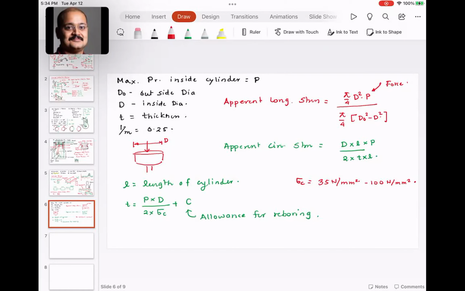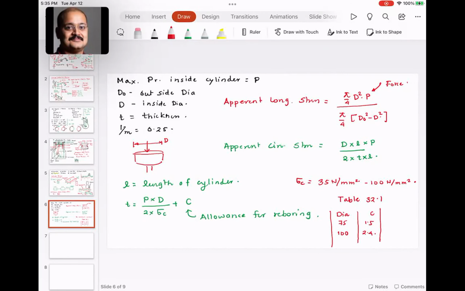For that, you need to refer to table 32.1, wherein they give you the value of diameter and the value of allowance. For example, if the diameter is 75, you're going to have 1.5 millimeter. If the diameter is 100, you're going to have about 2.4 millimeter, and so on.